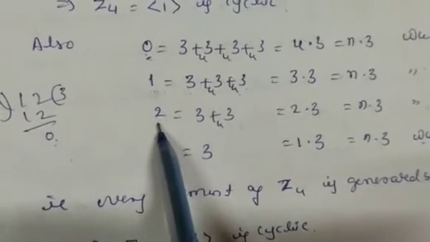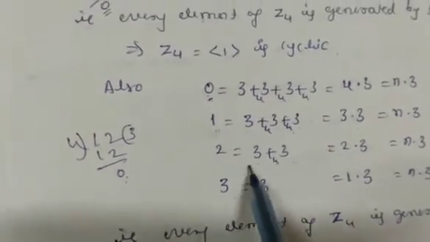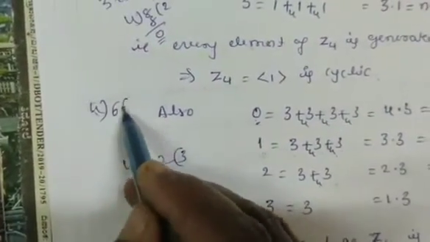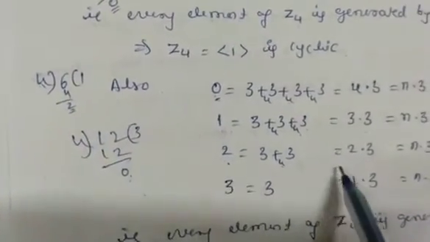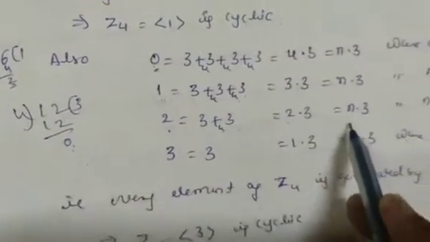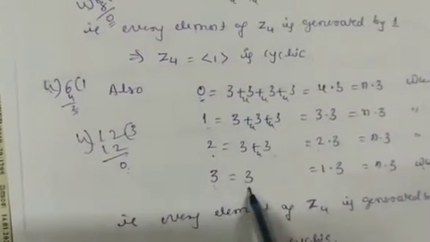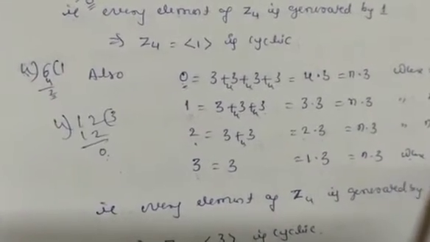Now 2 is nothing but 3 plus 3 under addition mod 4, because 3 plus 3 is 6, and 6 divided by 4, 4 ones are 4, gives remainder 2. So this is 2 times 3, where n is equal to 2. And this 3 is nothing but 3 only, 1 into 3, so n is equal to 1.